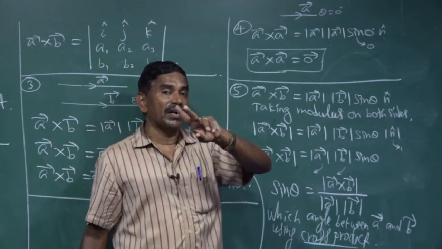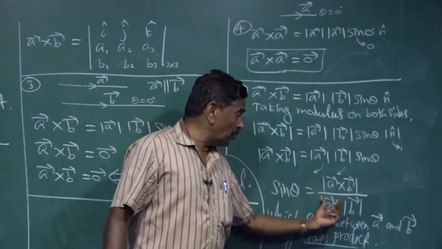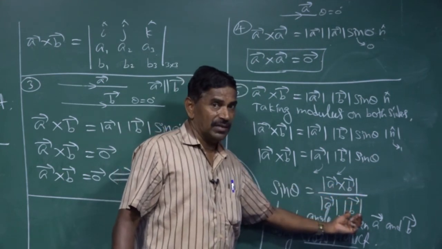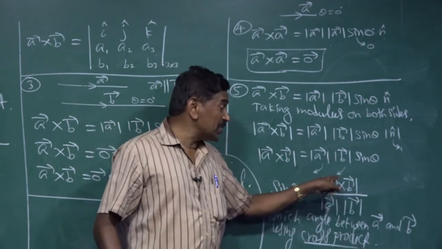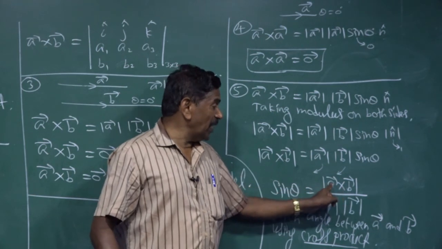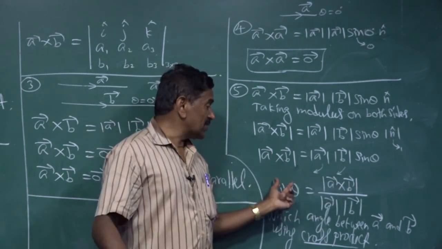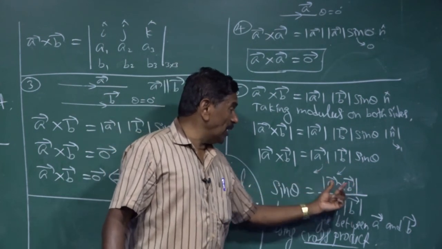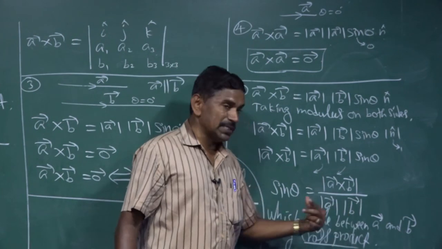But here, the angle between A vector and B vector using cross product, listen, the question itself is the answer: it is given by the formula sin theta equal to modulus A vector cross B vector divided by modulus A vector into modulus B vector.